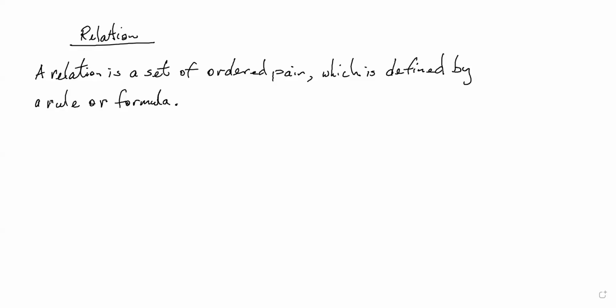What we're going to do now is understand what I mean by ordered pair. And that's plural, not singular. So let's just add the S to this. So it's ordered pairs, which is defined by a rule or a formula. So we'll need to understand what I mean by defined by.